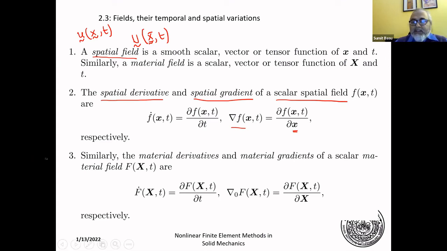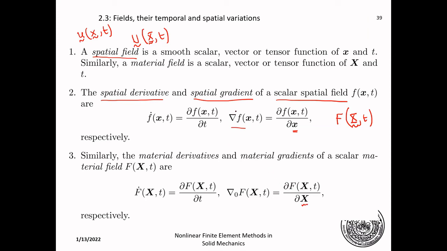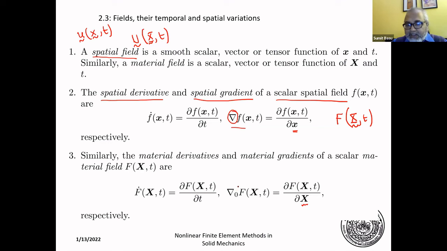Similarly, if you have a scalar function capital F, which takes in the initial position of a point and the time, you can take its F dot in the same way, del F del t. But when you take the gradient, you take del F del capital X, and just to distinguish between this gradient operator and the gradient operator with respect to small x, we put a 0 here. So this gradient operator will mean del capital X, and this gradient operator will mean del small x.